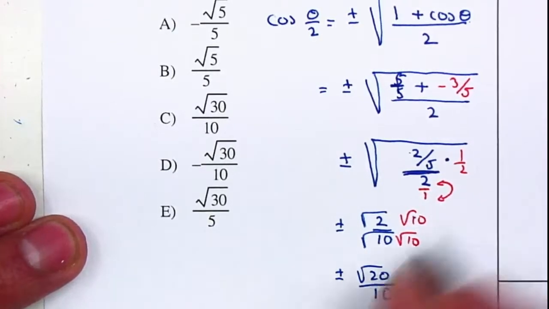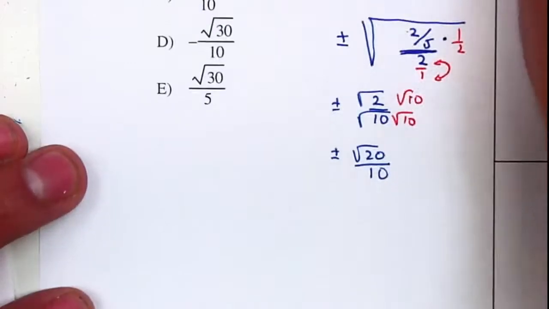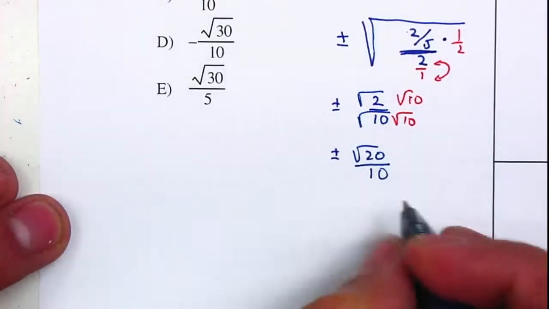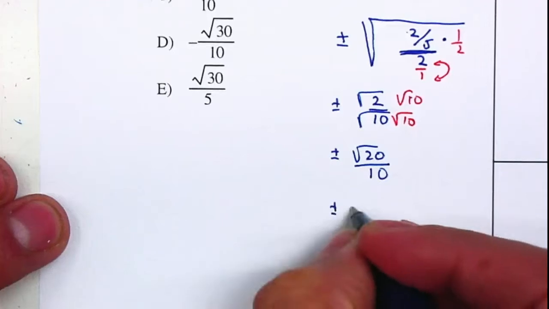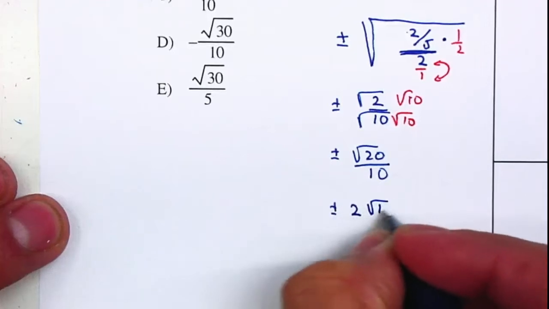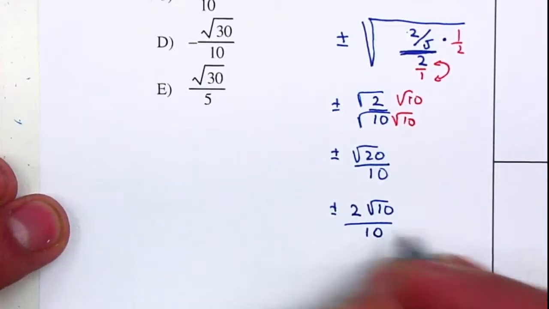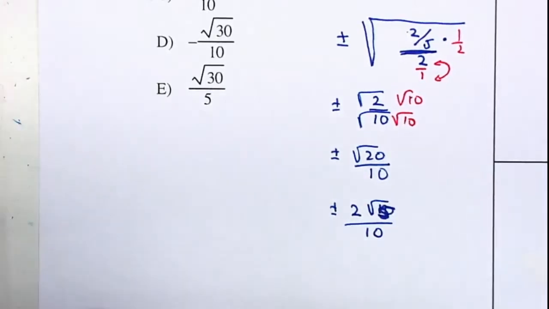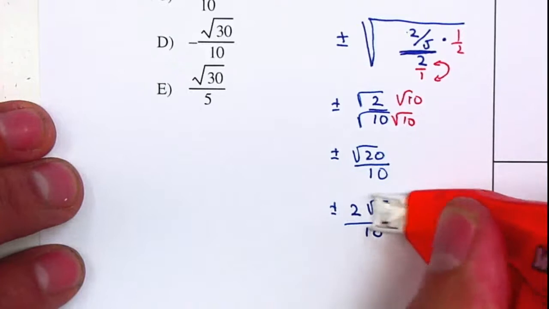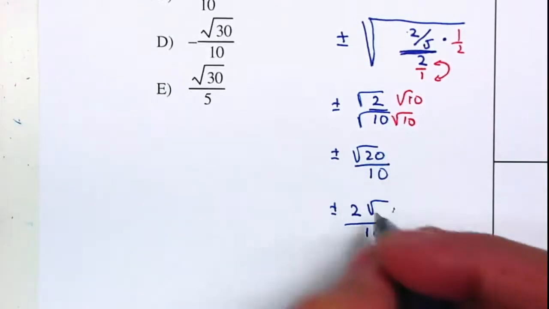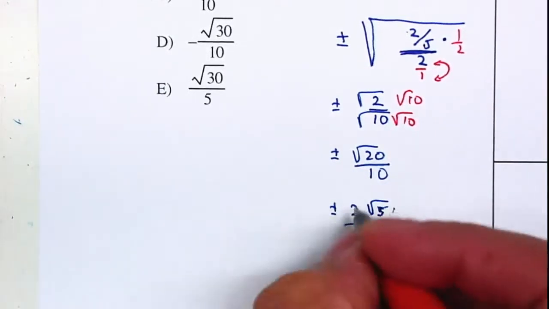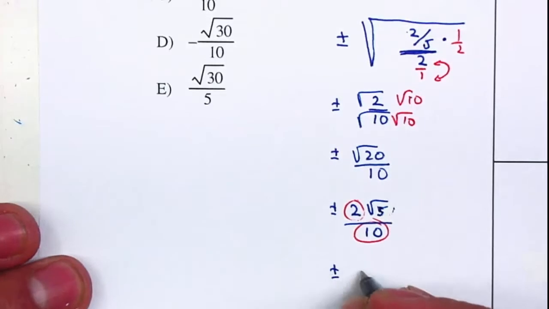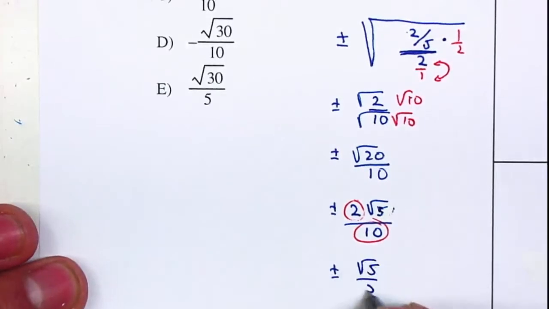I'm going to simplify my numerator, and I can simplify the square root of 20 as square root of 4 times square root of 5, or 2 square root of 5, over 10. And now I can reduce my fraction, my 2 and my 10 divided by 2. So it gives me plus or minus square root of 5 divided by 5.